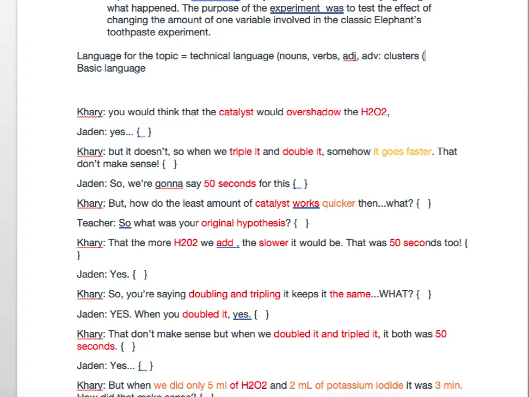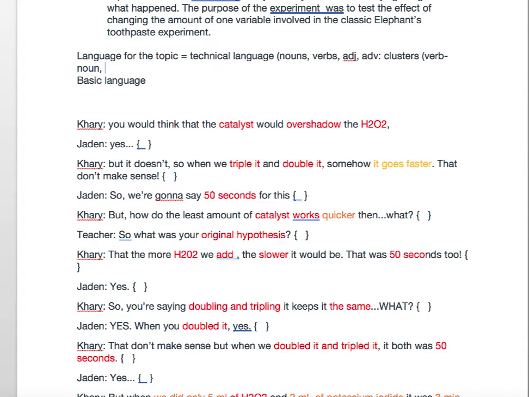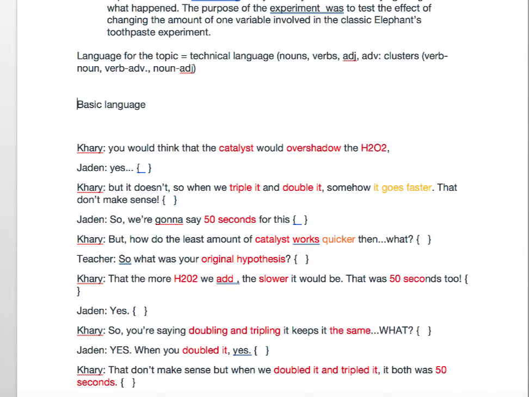Okay, these clusters of noun, like verb noun combinations, and verb adverb combinations, and noun adjective combinations, or adjective noun combinations. All right. When you provide learners with these little groups, these collocations, then they're able to use each word properly in its appropriate context. All right. And that solves this basic language problem.